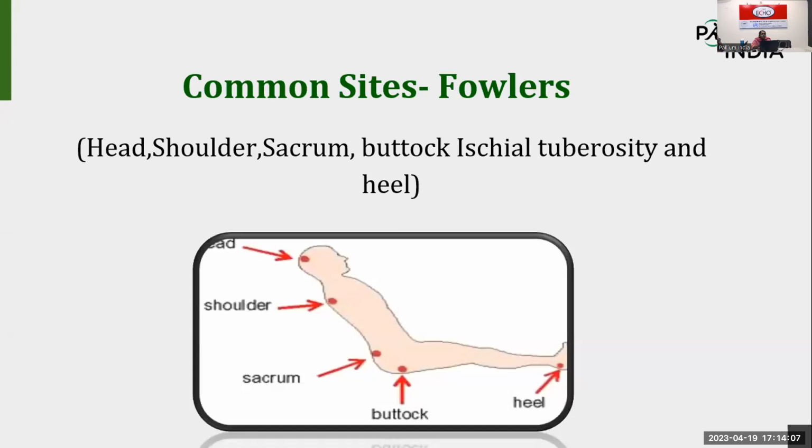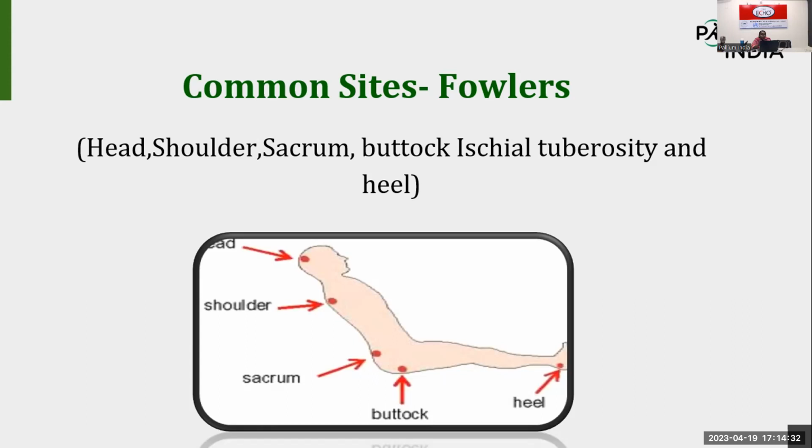Coming to the Fowler's position, we all know this is a good position for controlling dyspnea; patients with breathing difficulty can get relief with this position. But even if the patient is in Fowler's position, at least a 10-degree position change is mandatory.